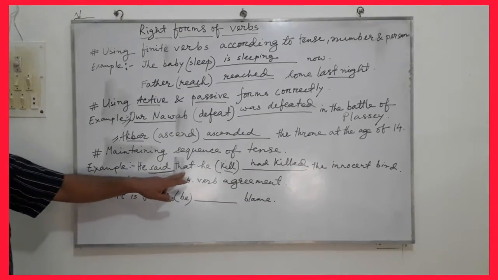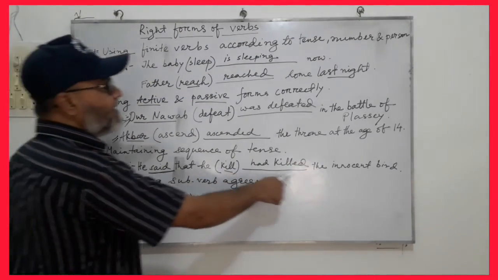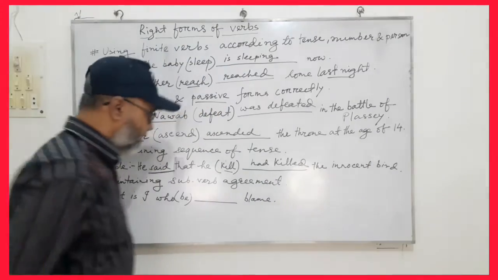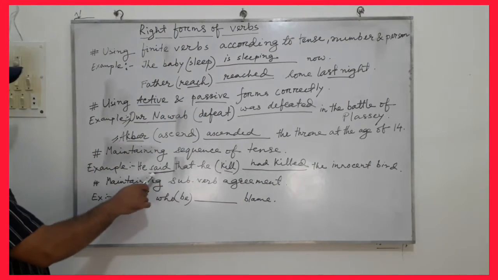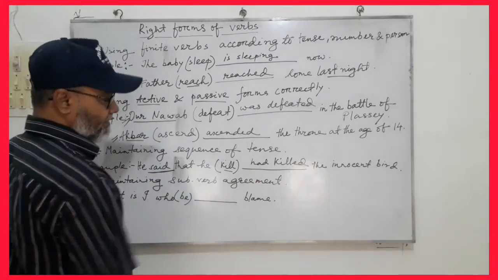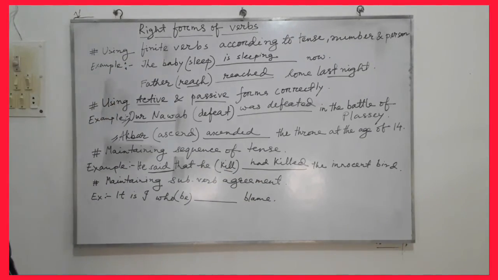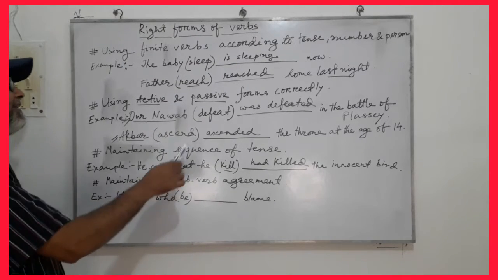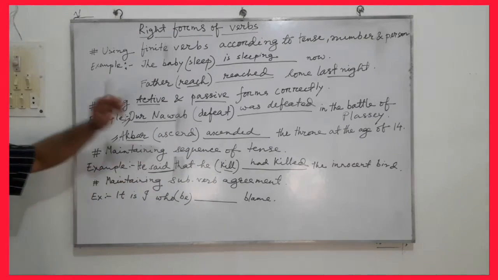He said that he had killed the innocent bird. Look at this sentence. Here, sequence of tense is maintained. While using complex and compound sentences, we have to maintain this sequence of tense.